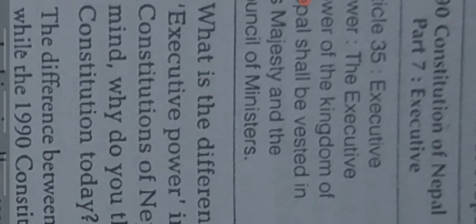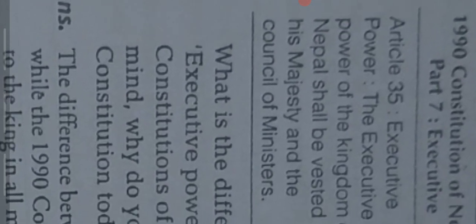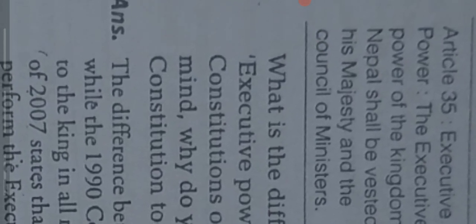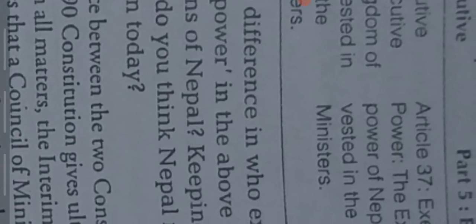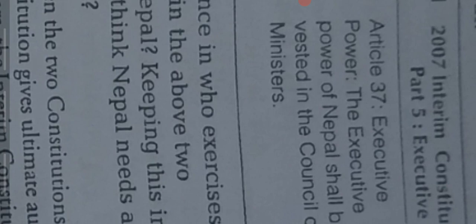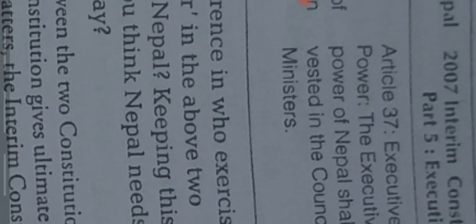Article 35, Executive Power: the executive power of the Kingdom of Nepal shall be vested in His Majesty and the Council of Ministers. Second column is Article 37, Executive Power: the executive power of Nepal shall be vested in the Council of Ministers.